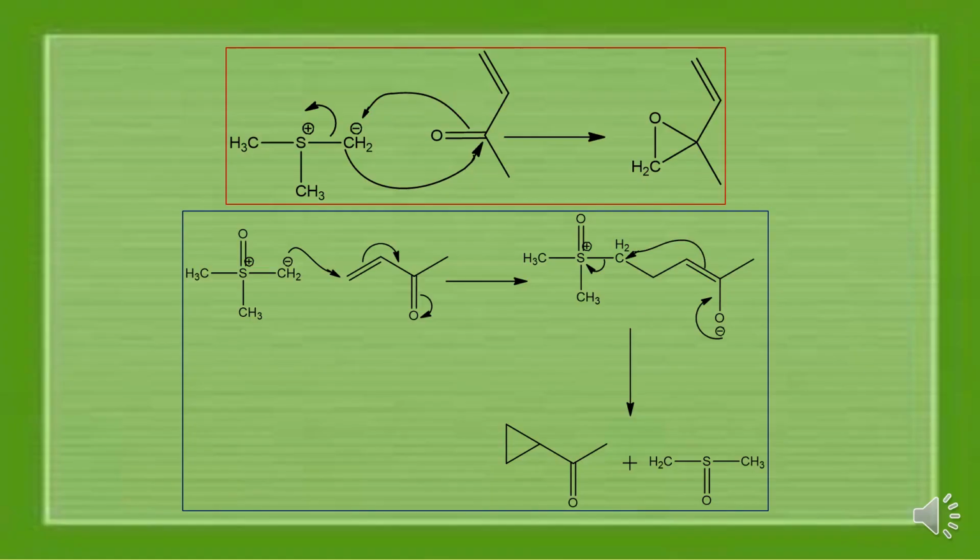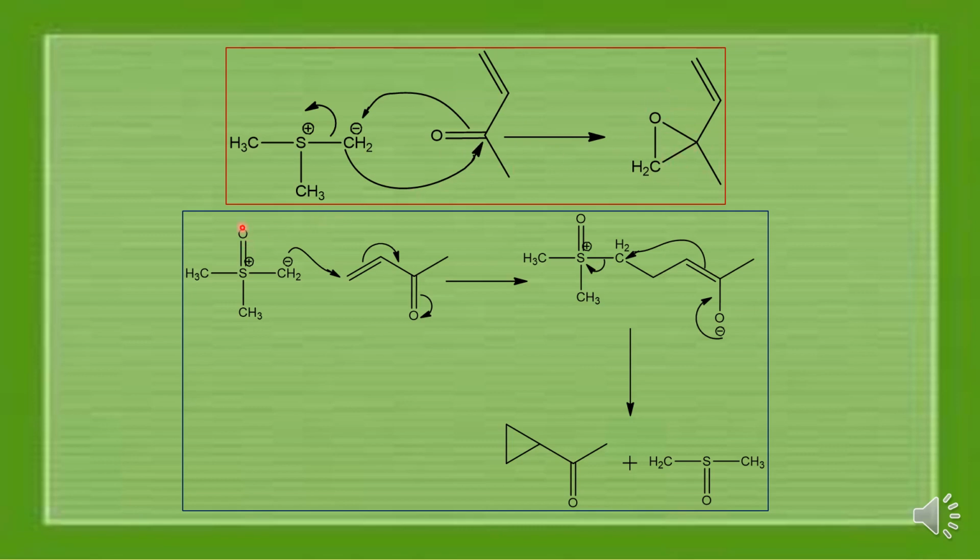Here I have shown the reaction of dimethyl sulfonium ylide and dimethyl sulfoxonium ylide with an alpha beta unsaturated carbonyl compound, methyl vinyl ketone. In dimethyl sulfonium ylide, the carbanion is a hard base, therefore it reacts with the hard acid, the carbonyl carbon of the alpha beta unsaturated carbonyl compound, and this reaction results in the formation of an epoxide.